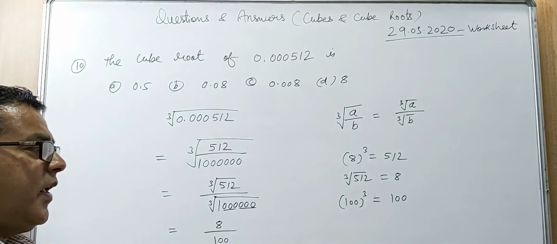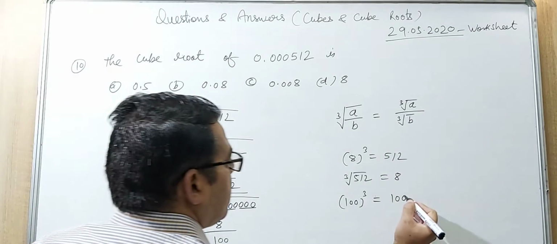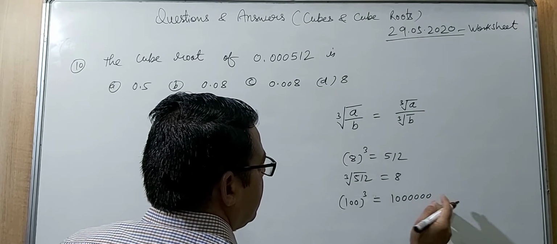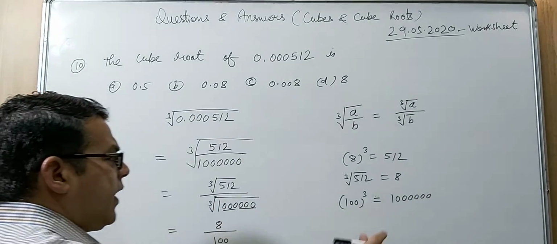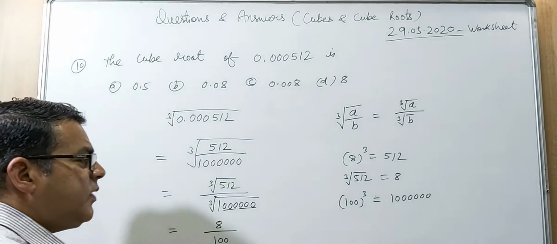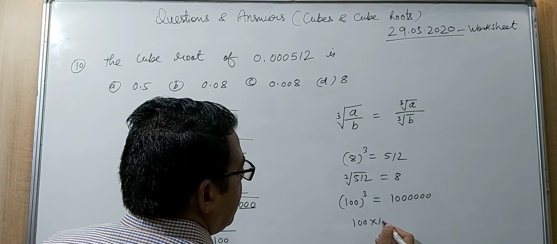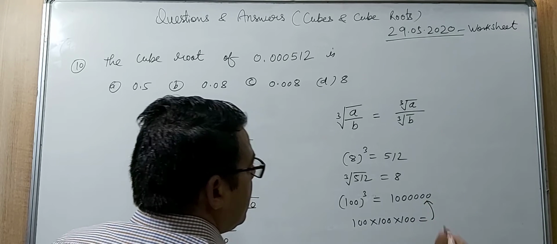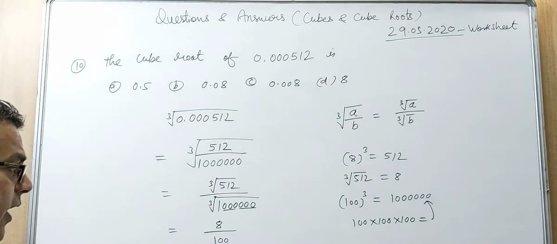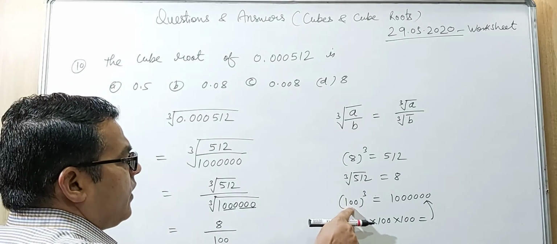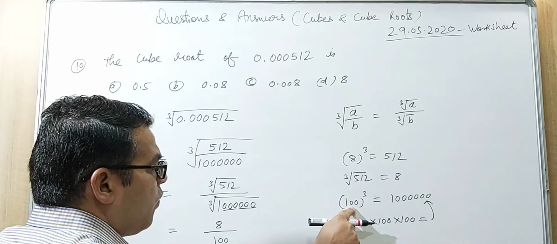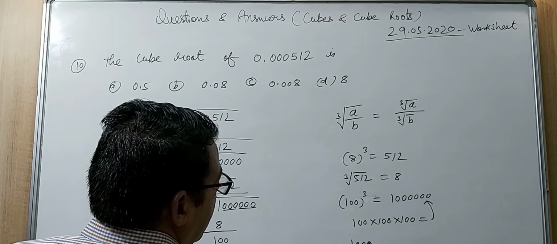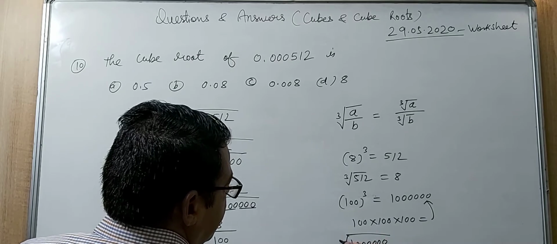This is first time, this is second time, and this is third time. So we have 1 followed by 6 zeros. It means the cube of 100 is 10 lakh and the cube root of 10 lakh is 100.